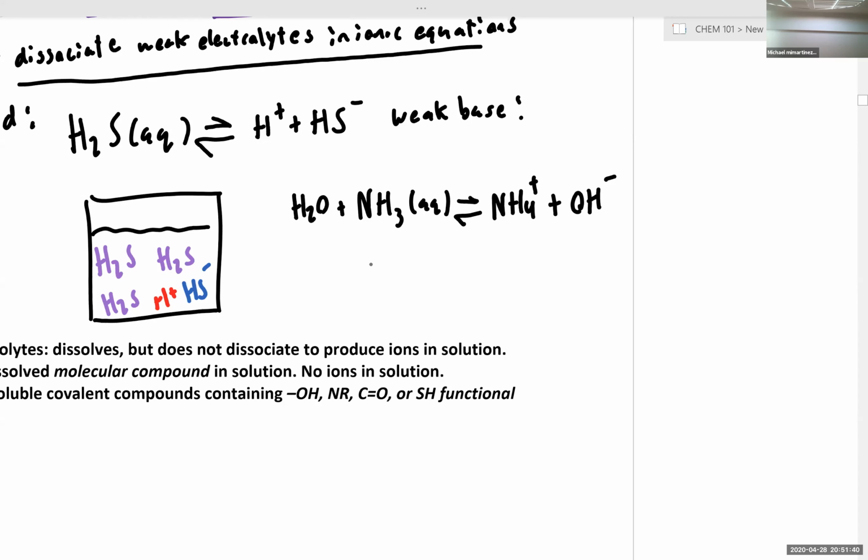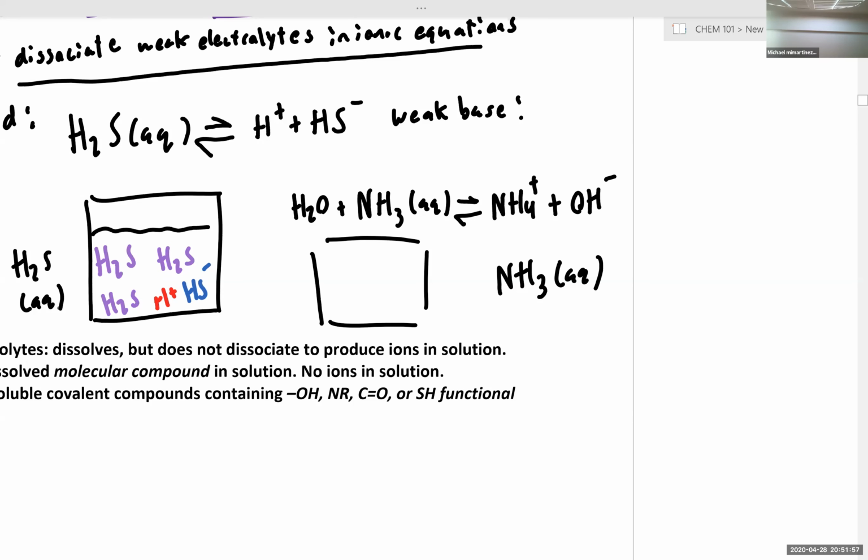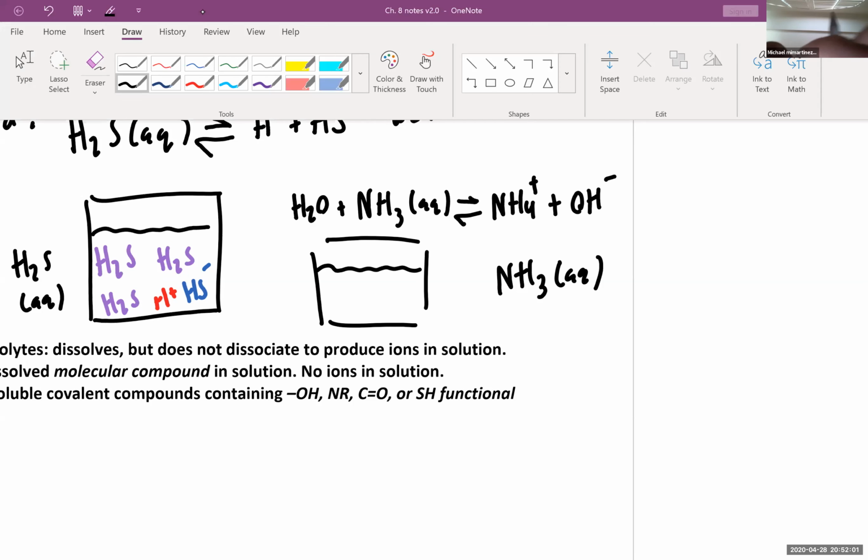But if we were to draw a picture of ammonia in solution, we'd primarily, overwhelmingly observe molecular compound.